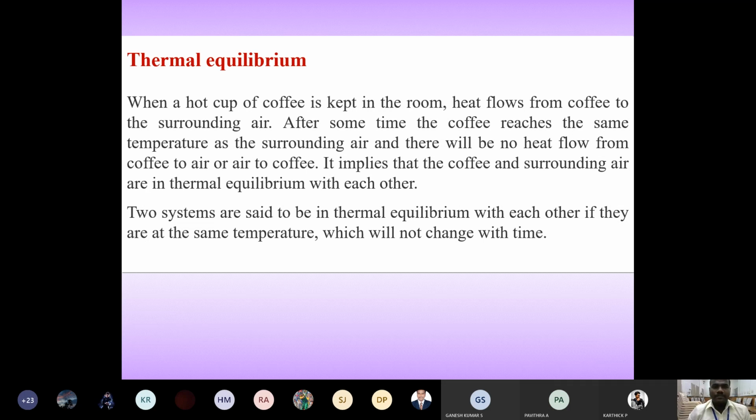Thermal equilibrium, for example: when a hot cup of coffee is kept in the room, heat flows from the coffee to the surrounding air, right?